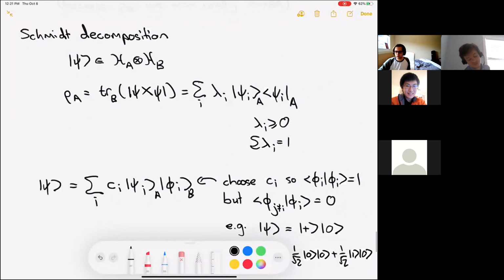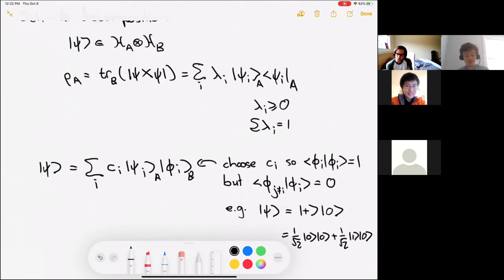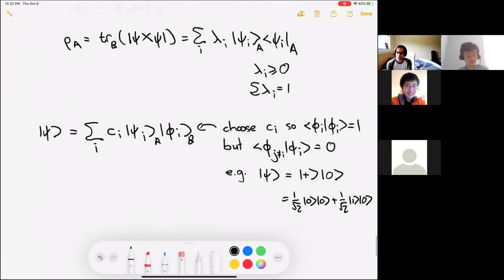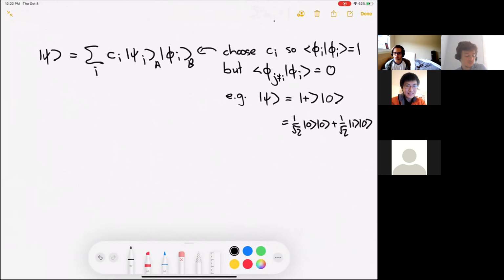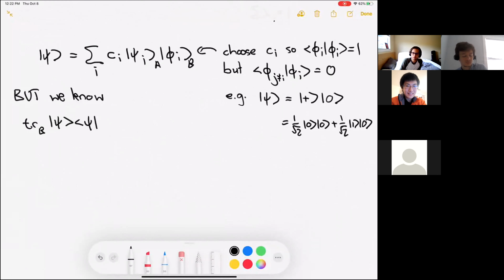We haven't yet used the fact that the reduced density matrix rho A is the sum of lambda_i |psi_i><psi_i|. So let's now do that. We know the trace over B of |psi><psi| equals, okay, so what is this?